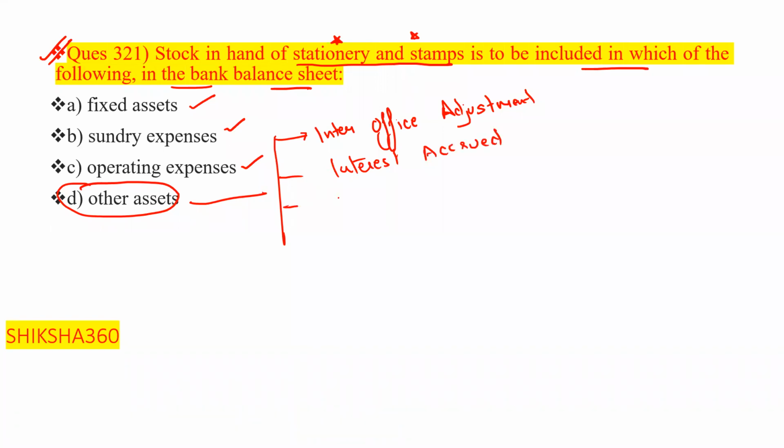Third is tax paid in advance, or TDS, tax deducted at source. Fourth is stationery and stamps, which is our question.